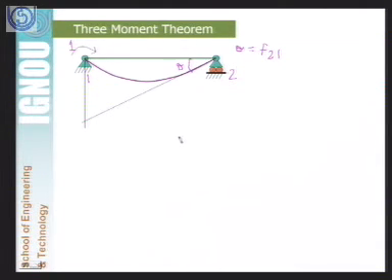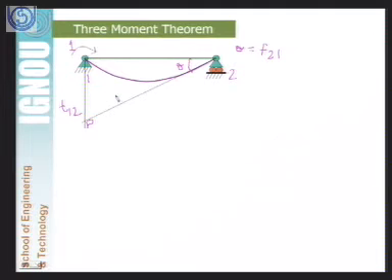We will use the moment area method, which we have already discussed in our previous class, to calculate the rotation at this node. You can see here that if we draw a tangent at this point, and take a vertical line from node 1, the tangent is going to meet it here. Let us call this point P. This is T12.